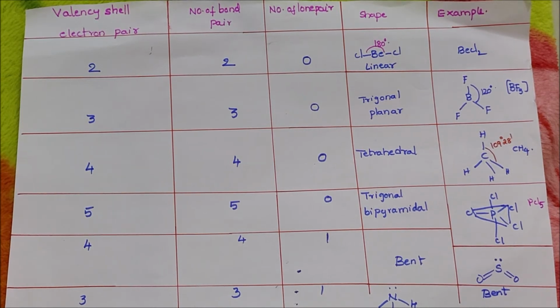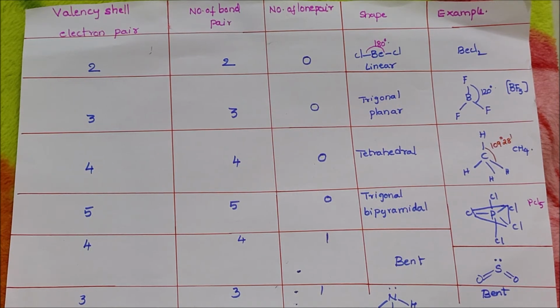And when the valence shell contains 4 electron pairs, the number of bond pairs is 4 and the number of lone pairs is 0. The shape of the molecule is tetrahedral.